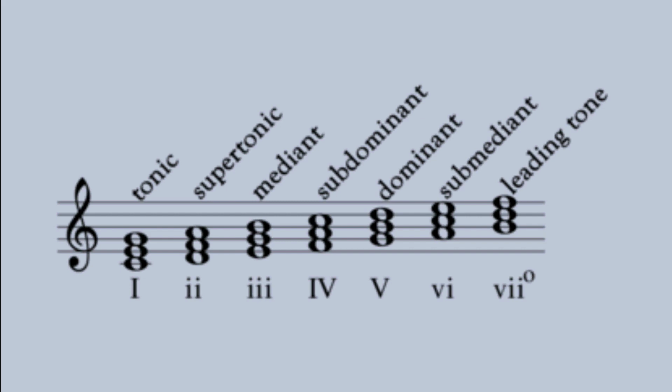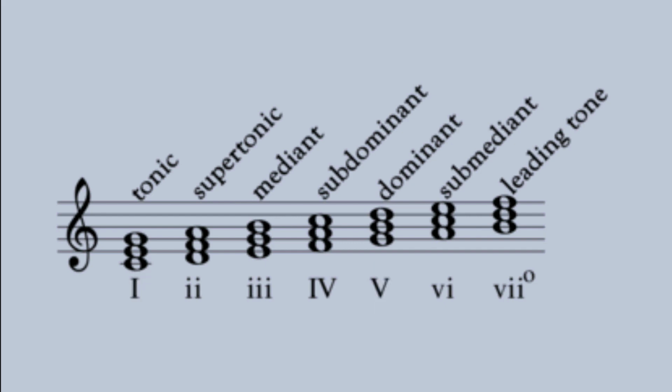So when we look at the major scale, we can see the variety of chord qualities that are created by way of stacking thirds on top of each note. Now, we are already familiar with the terms tonic and dominant, which refer to the very important chords built on the 1st and 5th notes of the scale. Now, in a major key, these two chords will always be major in quality.